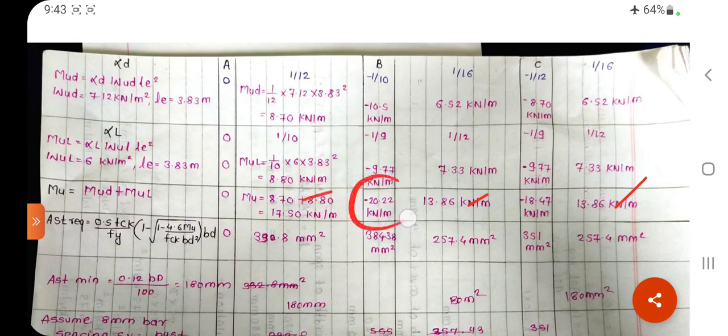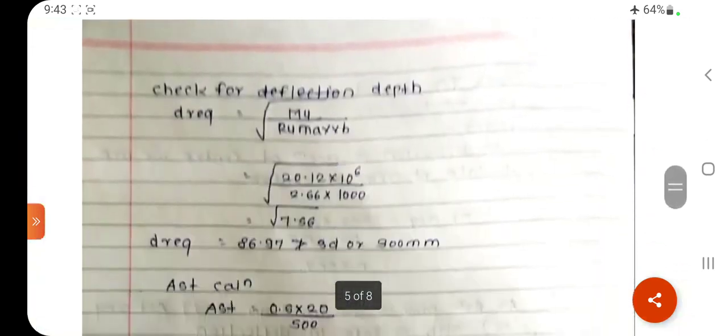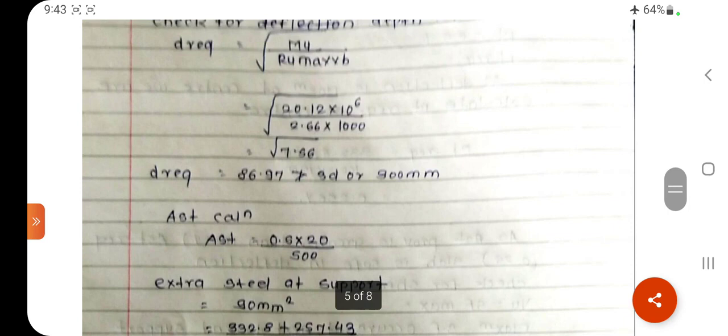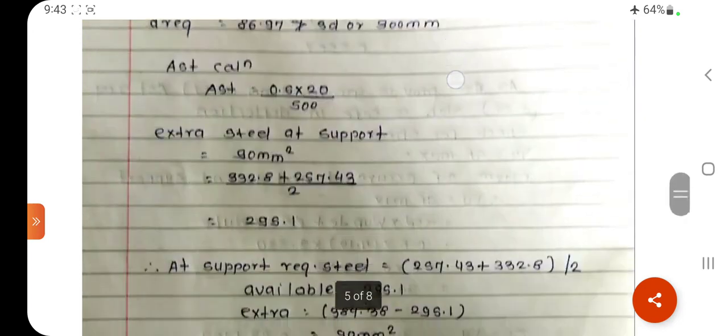Okay, here the maximum moment is 20.22. That's why here we take it as 20.22. So d required is 86.77, and it is much less than our d provided, which is equals to 120 mm.